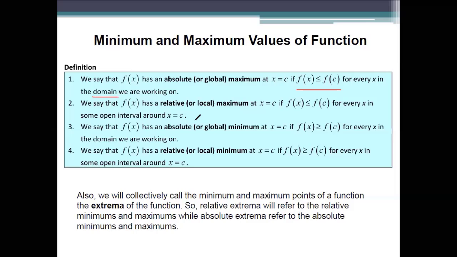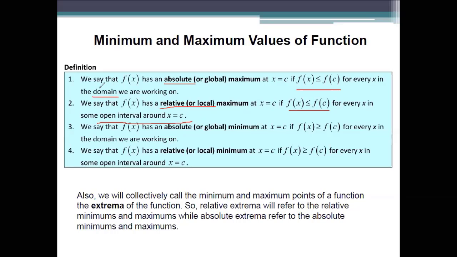Now, we say that f of x has a relative or local maximum at x equals c if f of x is less than or equal to f of c for every x in some open interval around x equals c. Look, here we have a difference between these two definitions.